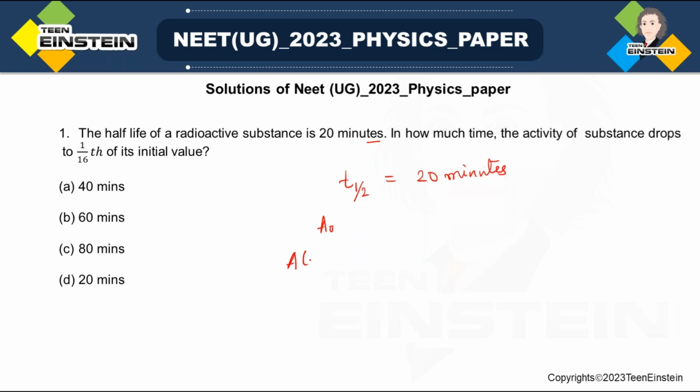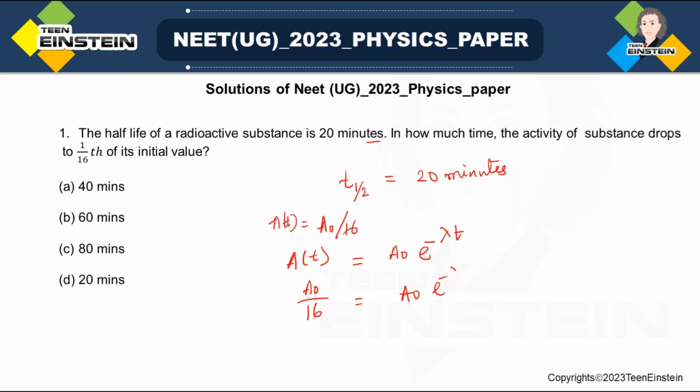We write activity at any time t will be A0 e to the power minus lambda t. This is the formula similar to that of the number, and in fact the number times lambda is actually activity. So here A has become, at that particular time, 1/16th of the initial value of the activity. That means I can write A0 by 16.